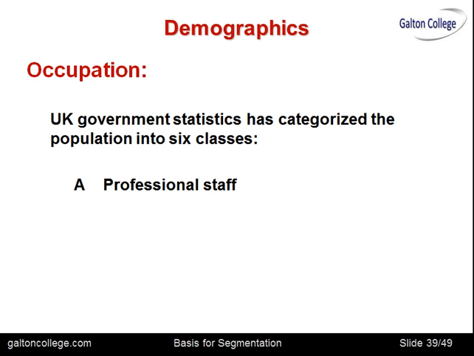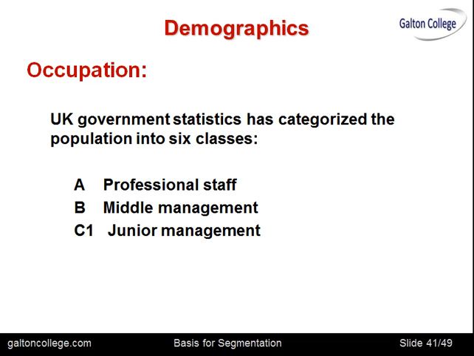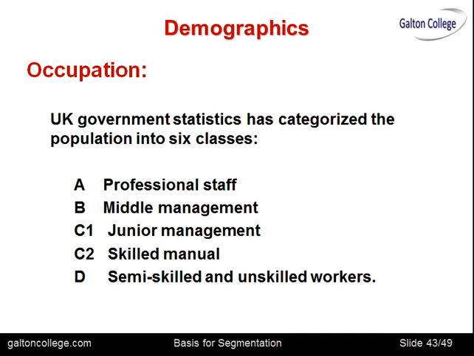So for example, we could start with professional staff and then people in middle management. And we call it A and B, and then we've got C1, which is junior management, and then we have C2, which is skilled manual workers, and D, a semi-skilled or unskilled worker. And finally, E, those dependent on the state.